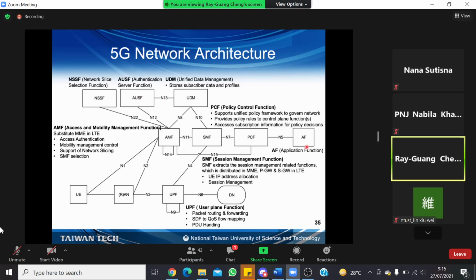For example, if you are Tesla and you want to have a self-driving car, you have your own application to control the speed, provide roadside information, even provide the map. You can use AF. So AF can be customized for self-driving cars, industrial IoT, factory automation. All they need to do is follow this interface, and they can support their service.